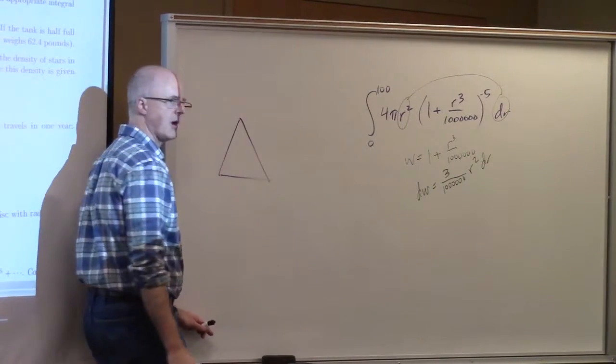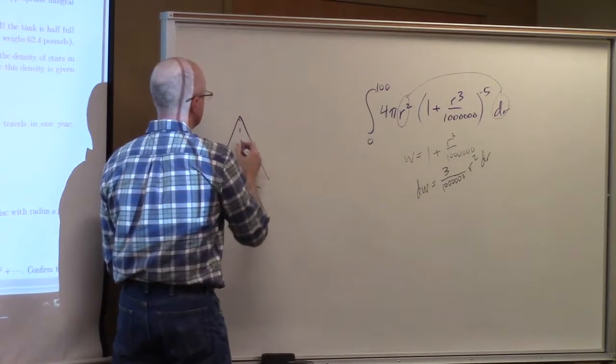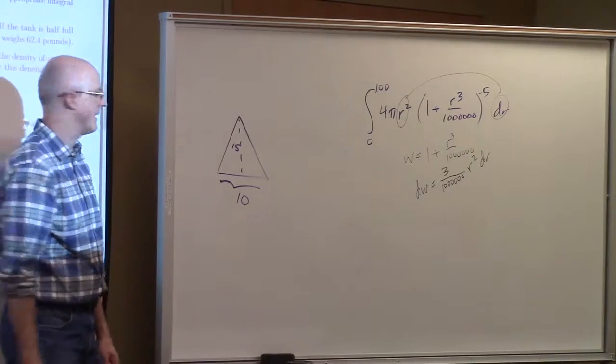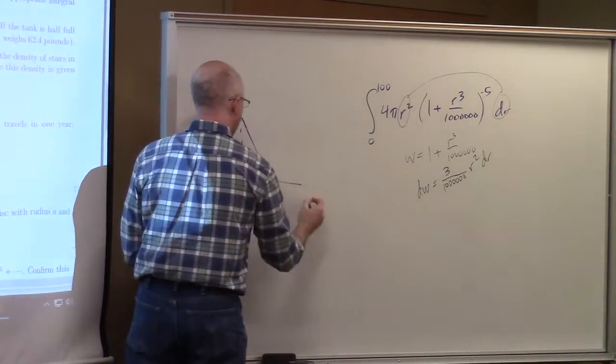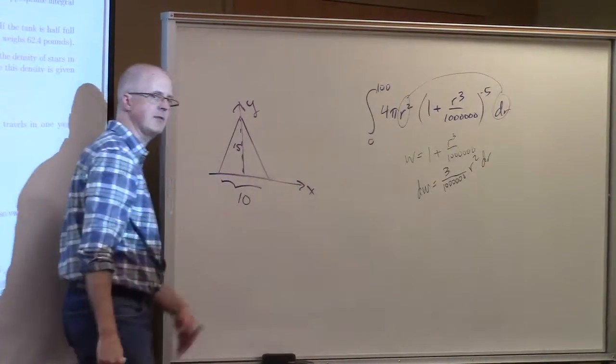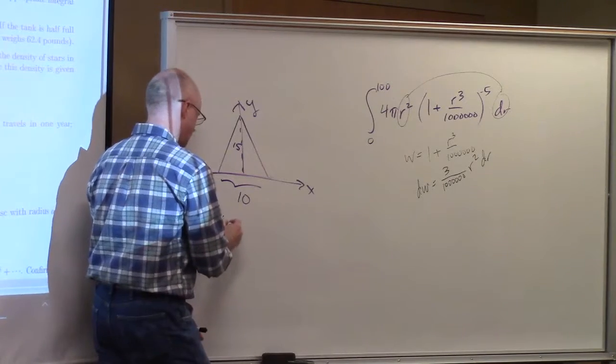Say an isosceles triangle with base 10 and height, say 15 or something, situated in a coordinate plane with an x and y axis like this in such a way that you've got a formula for the density as a function of just say x, for example.